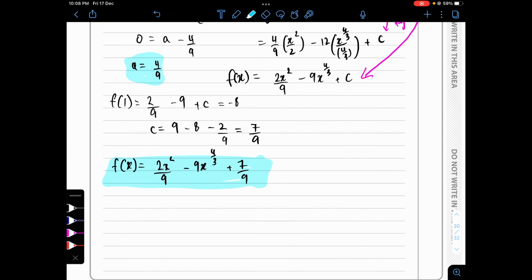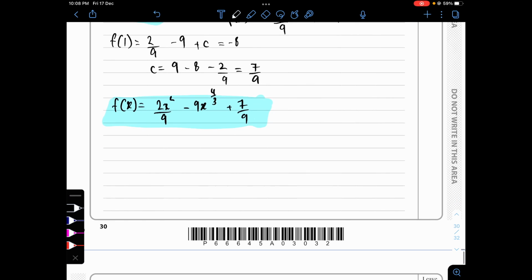So now we are done. But what if you wanted to check if you're correct? You can differentiate to see if you get the same answer as before. So let's differentiate. That'll be f dash x.